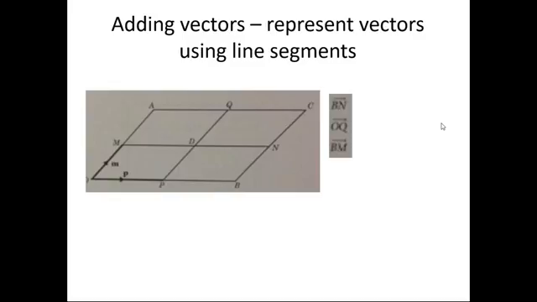If you're told that p is a position vector, it means it's going from 0, 0 to the point P. So if I said the vector a is a position vector, where does it start and where does it finish?